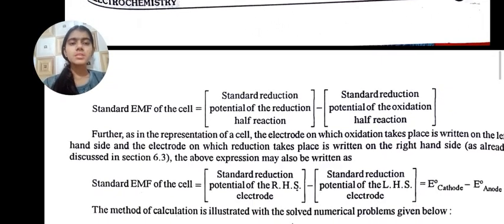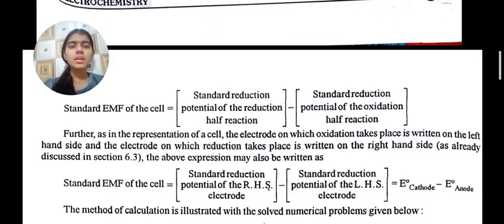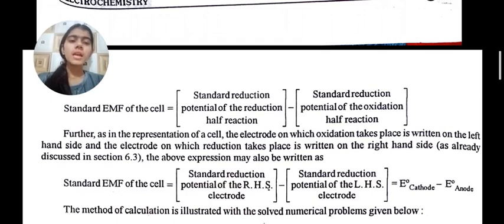Further, as in the representation of a cell, the electrode on which oxidation takes place is written on the left hand side, and the electrode on which reduction takes place is written on the right hand side, as already discussed in section 6.3, the above expression may also be written as: standard EMF of the cell is the standard reduction potential of the right hand side electrode minus the standard reduction potential of the left hand side electrode, that is, E naught of the cathode minus E naught of the anode.